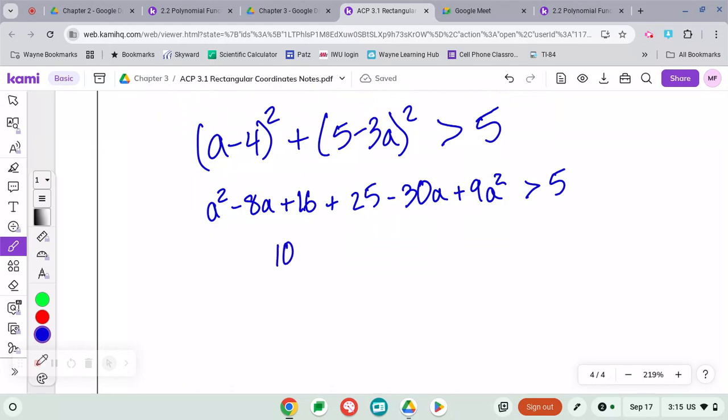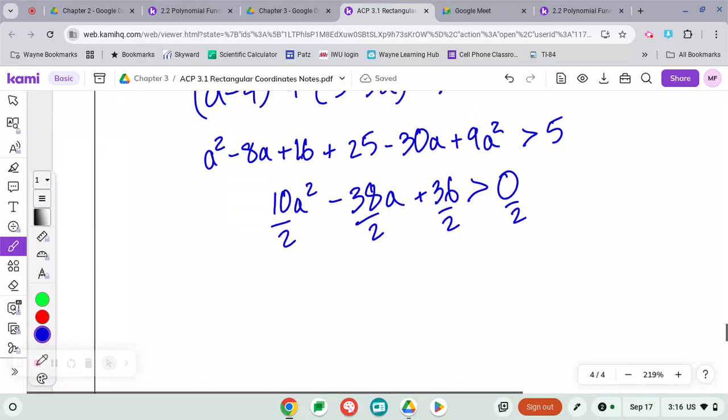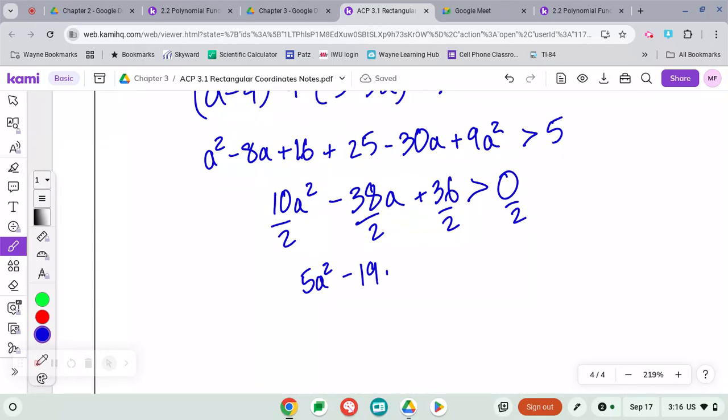So we're going to get 10a squared minus 38a. 16 and 25 gives us 41, but minus the 5 as we move it over. That's going to be greater than 0. We can divide everything by 2 here because they're all divisible by 2. If you divide by a positive, the sign does not change. So 5a squared minus 19a plus 18 is greater than 0.